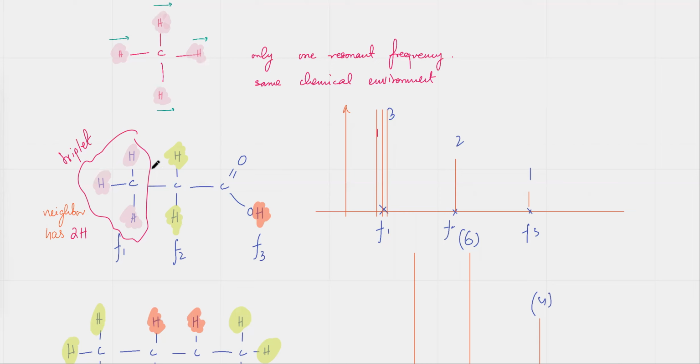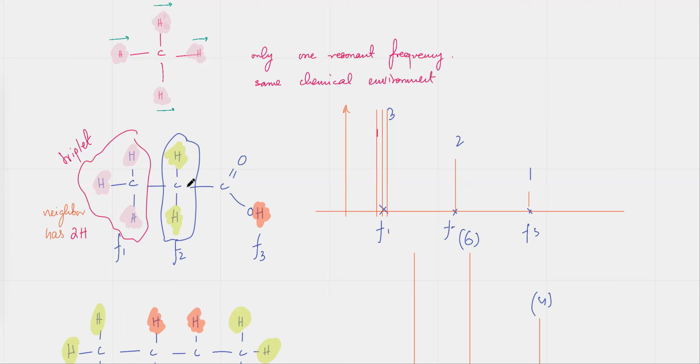So what about this one? And remember, we're talking about the immediate neighbor. What about these hydrogens over here? How many hydrogens does the neighbor have? It's got 2 neighbors now: 3 on one side, and there is literally no hydrogen on this carbon atom.